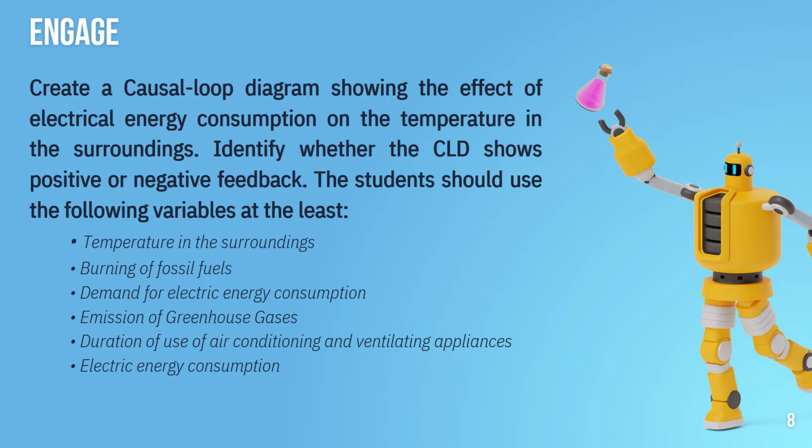The students will also use the following variables at the least: temperature in the surroundings, burning of fossil fuels, demand for electric energy consumption, emission of greenhouse gases, duration of use of air conditioning and ventilating appliances, and electric energy consumption.